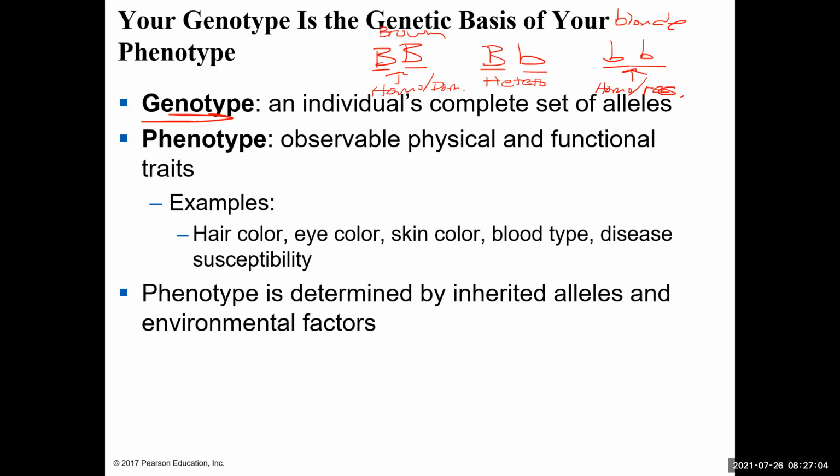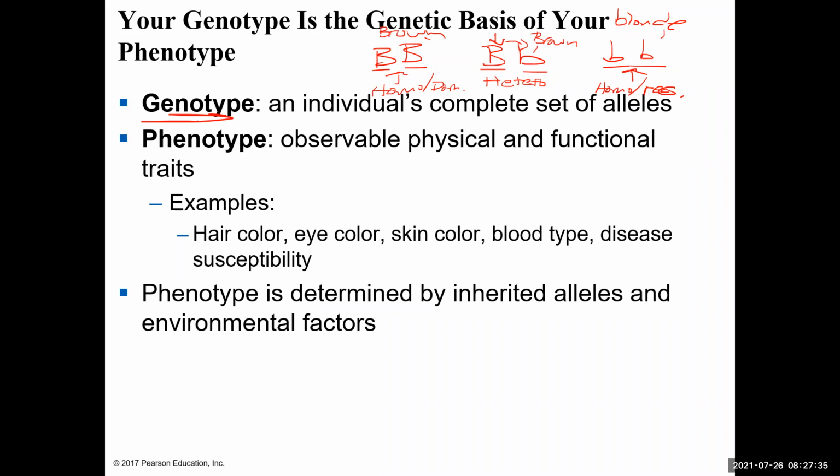Now in the heterozygous, you do have a dominant allele, and that's going to mask out the blonde. So this individual will have brown hair because the dominant allele dominates the recessive. So of these genotypes, you have two phenotypes: brown hair or blonde hair.